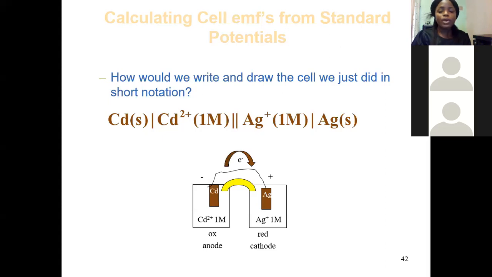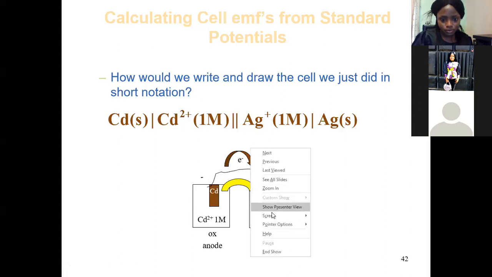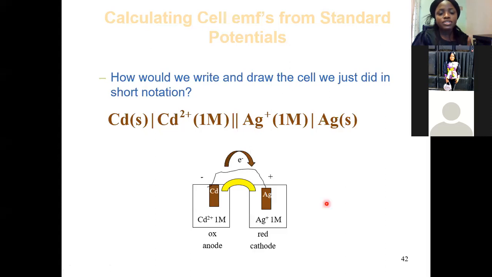All right, so we have written the cell. Can you still see my slide? Yes, ma'am. Good. Okay, so we have written the cell notation, and here is the cell.